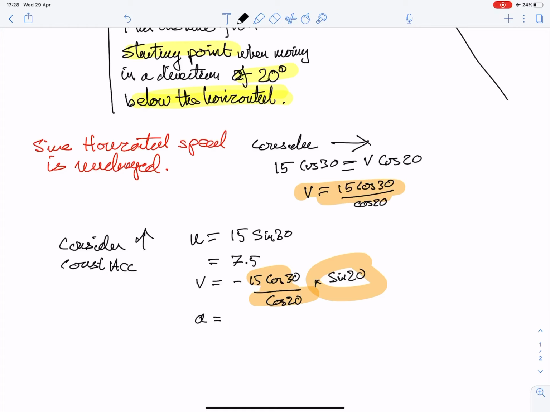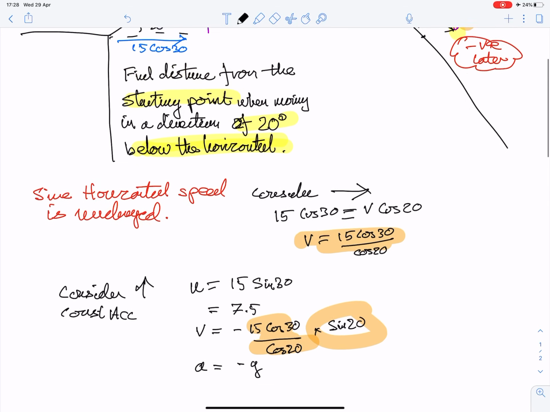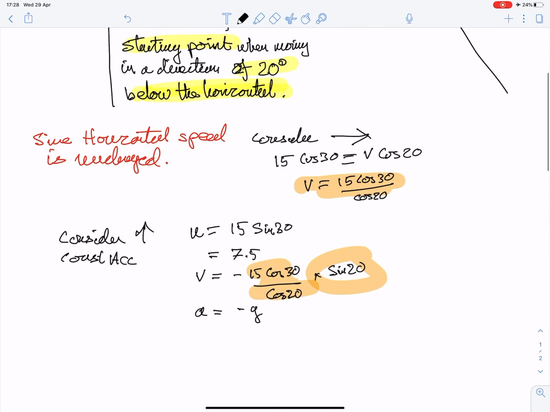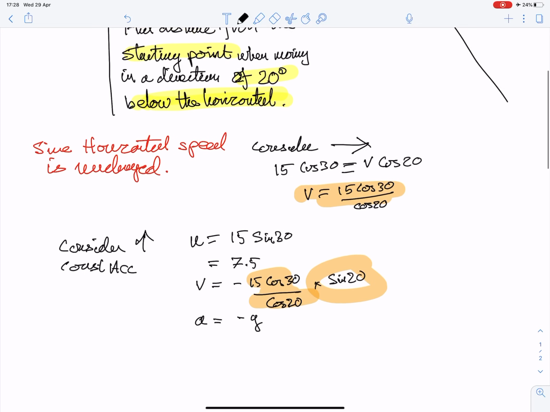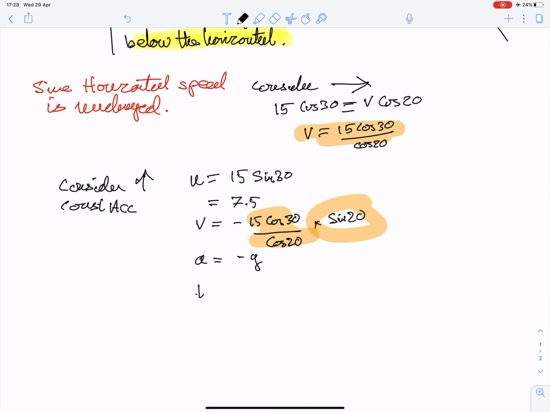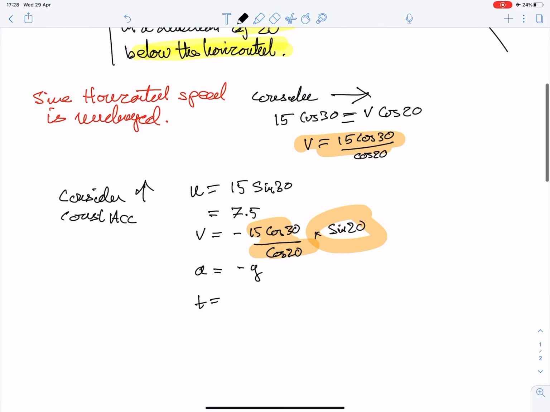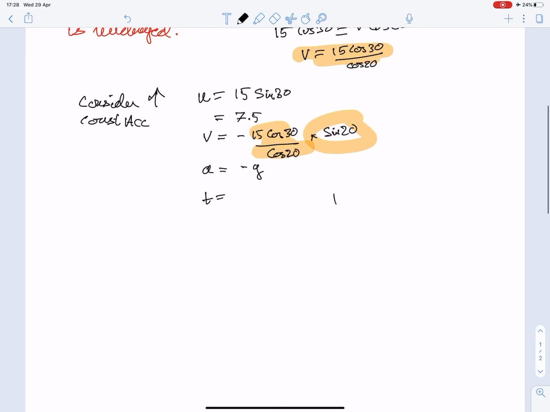Okay, what else do we know? We know a is equal to minus g, and we're needing to find the distance, aren't we? So we're going to need t, first of all, because we've got to find the total horizontal distance travelled, and for that we're going to need t. So we can state the equation for that. v is equal to u plus at.